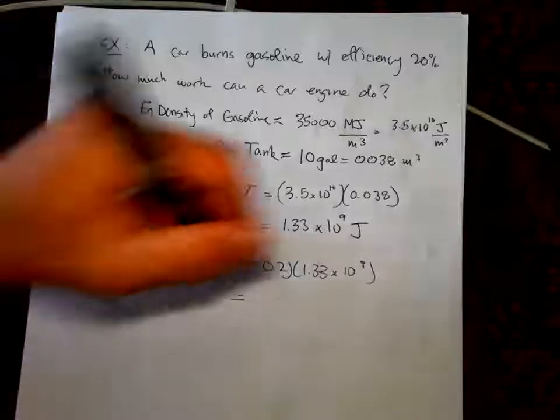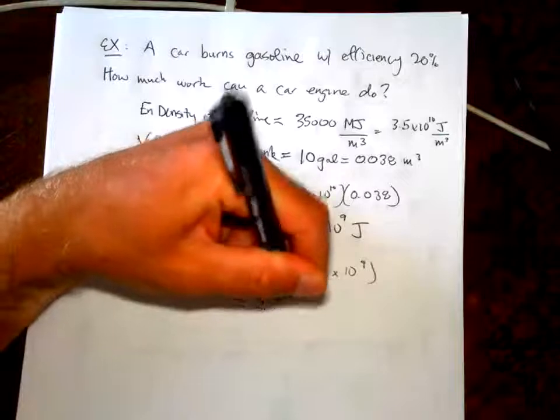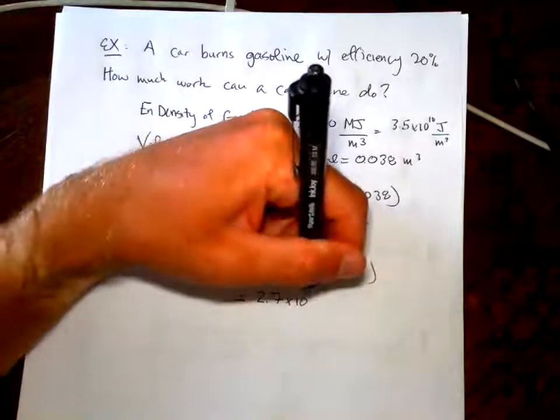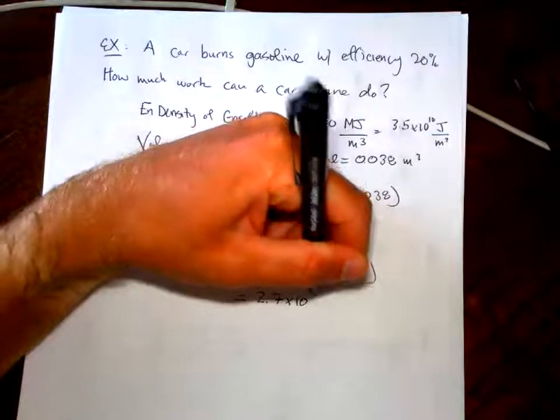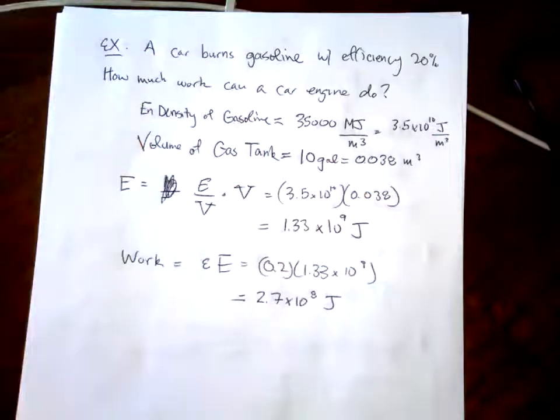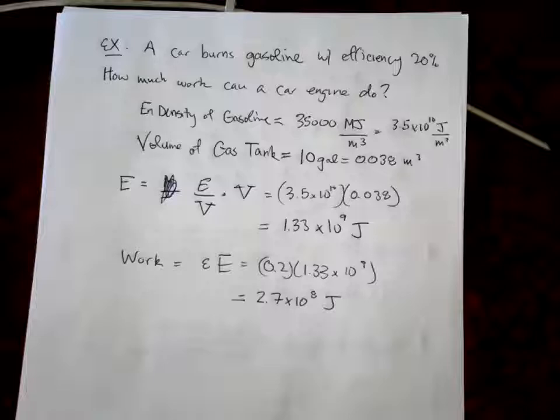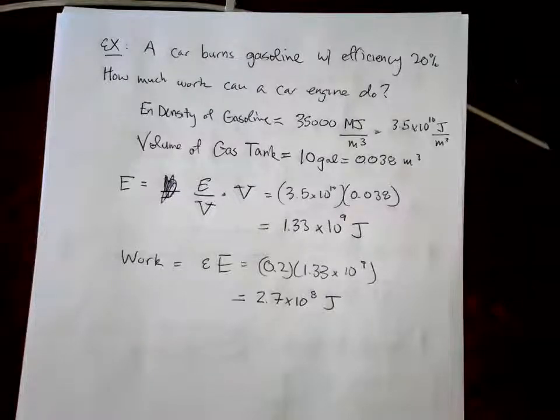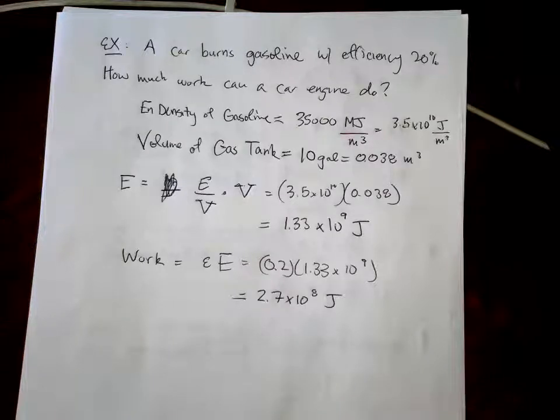And so that would be 2.7 times 10 to the eighth joules. That's how much work the car could do. So, if the car was going up a mountain, you could calculate how tall of a mountain it could climb by setting that equal to the gravitational potential energy of the car, something like that.